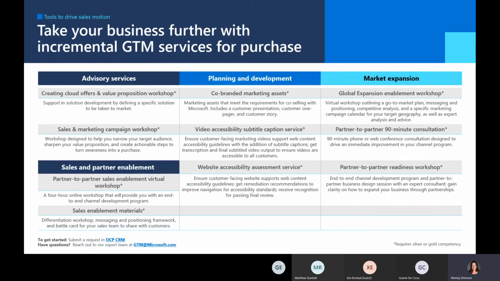And details again on some of those incremental services in case any of those look interesting to you to consider accessing. To get started with any of those, you can actually activate these now through your Partner Center account. There's a process to go find those marketing benefits and activate any of these that look like they would be valuable to you.